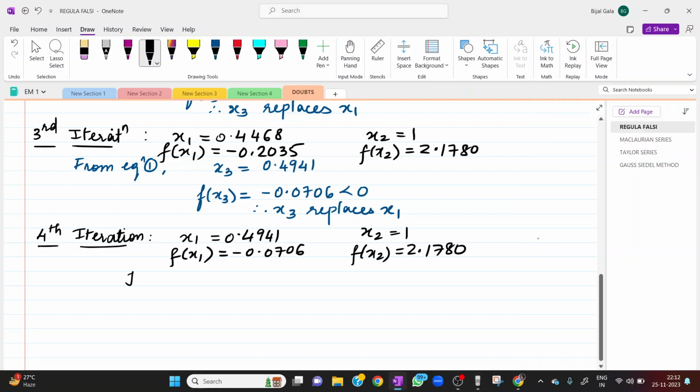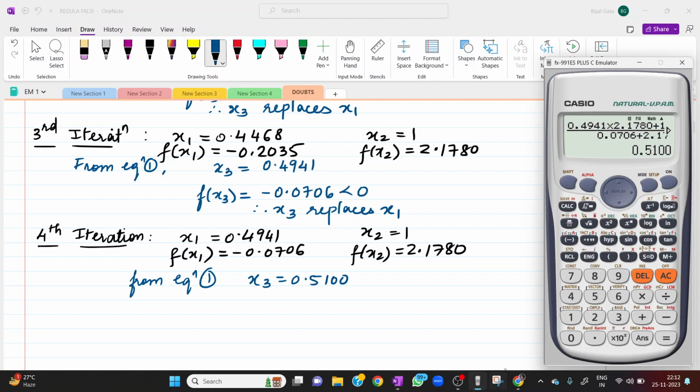So from equation 1, I get x3 is equal to 0.5100. Again, इसकी वैल्यू कैलकुलेट करनी है। Answer times e raised to the answer minus cos of the answer. That's going to give me oh. Okay, so it is some error.